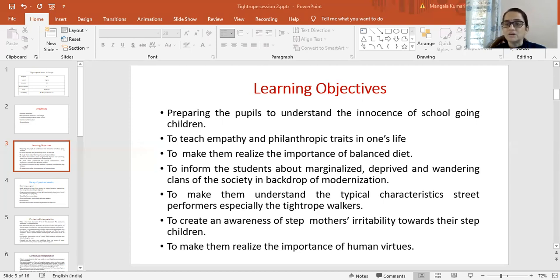And puppeteers, string puppeteers, make string puppets and perform a drama through the puppets. Those performers are called puppeteers. And the tightrope performers.